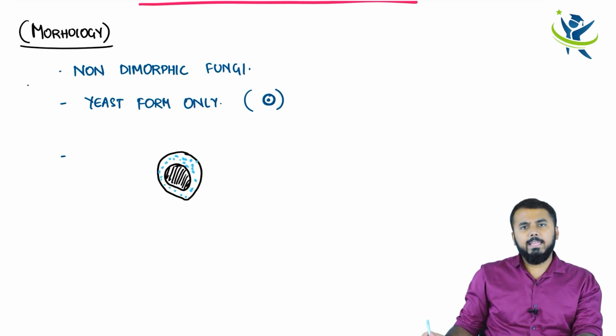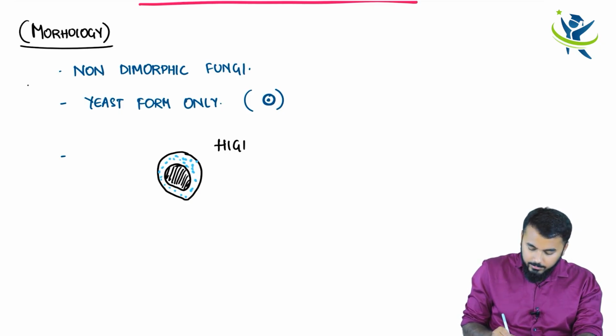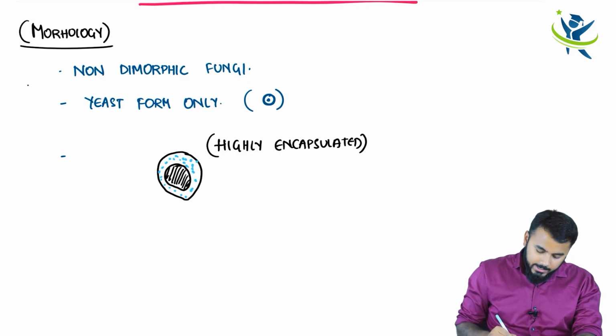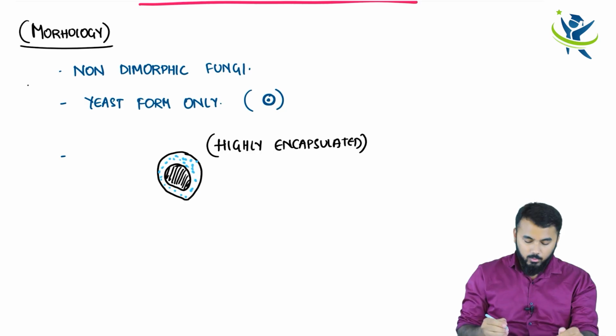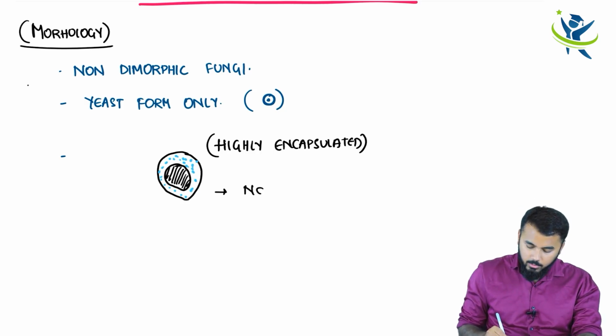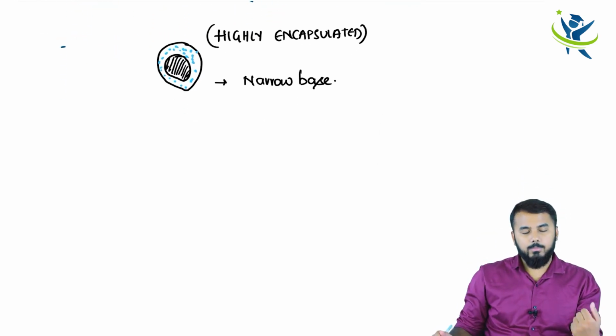So it is highly encapsulated, and look at the base of this. The base is a little bit narrow. Basically it is circular, but it has a little bit narrow base.